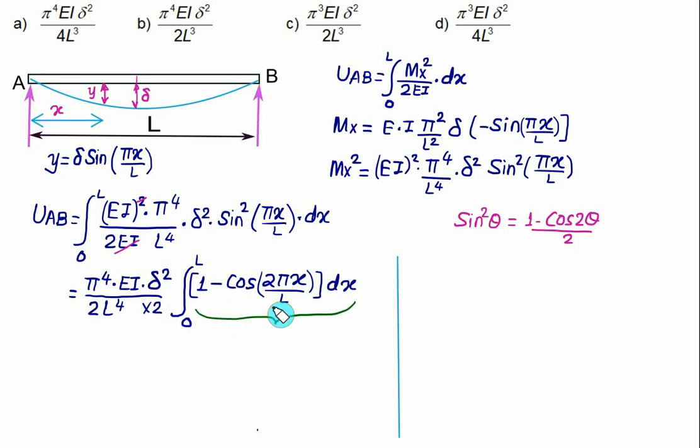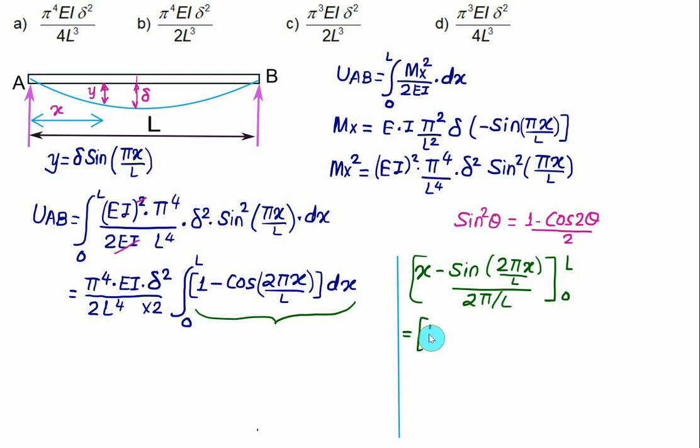So this part we'll solve first. Integral of dx is equal to x. Then we have the integral of cos x, which will be equal to sin x. So we have minus sin(2πx/L), and since it's a composite function, you have to divide by the derivative. The derivative is 2π/L, and the limit is from 0 to L. That will be equal to x with limit L minus 0.